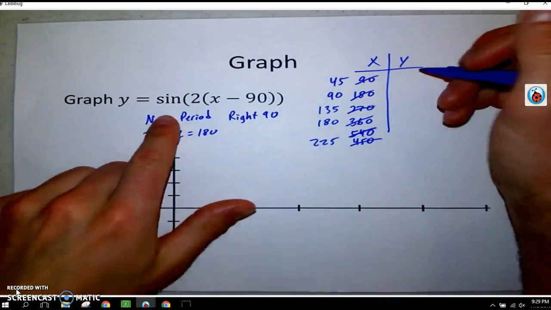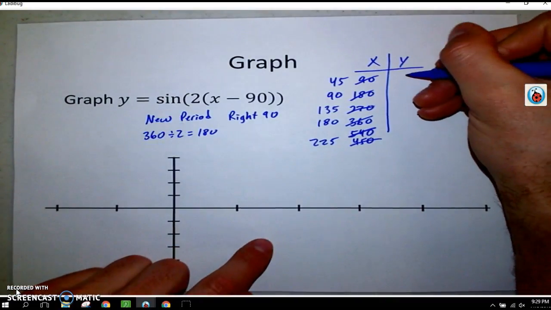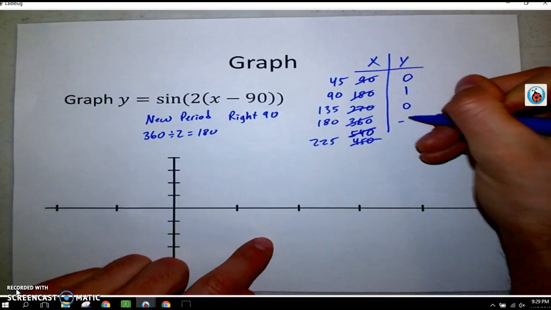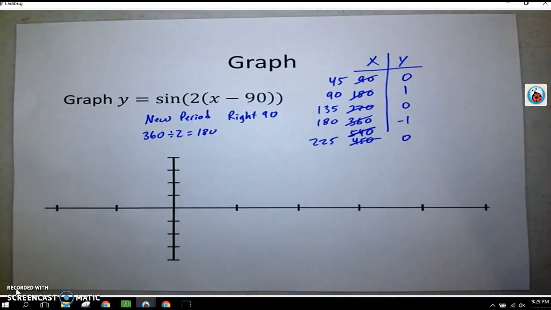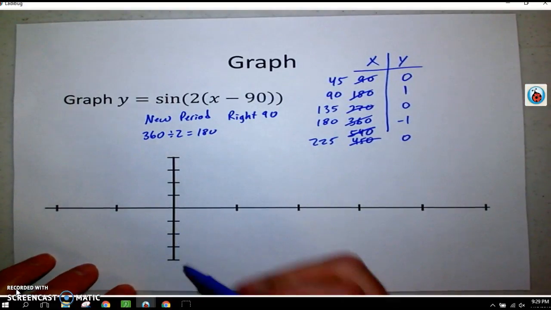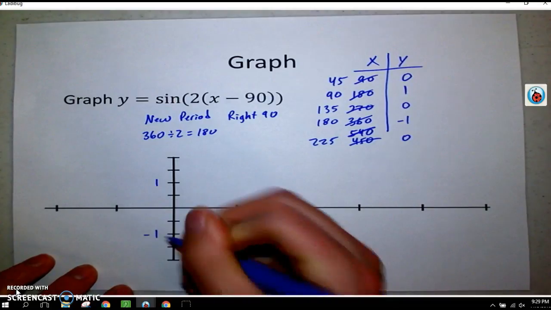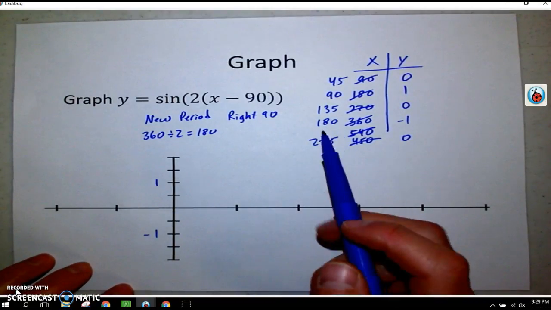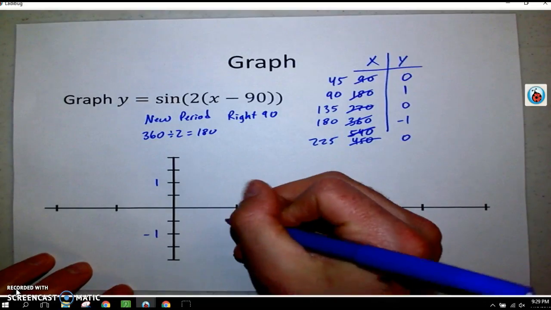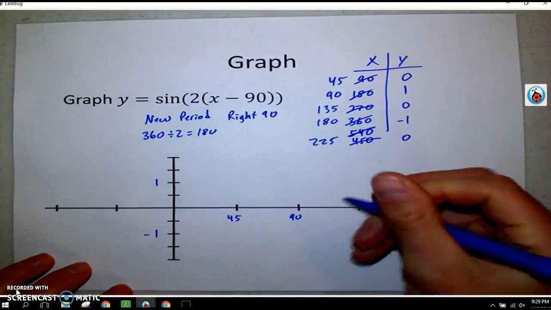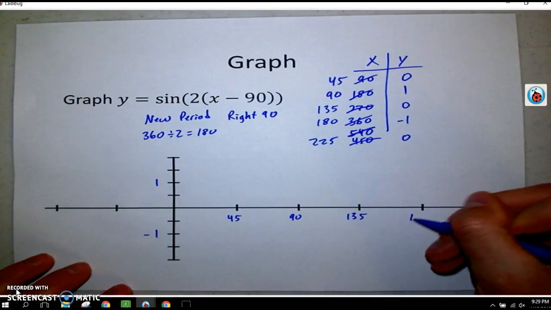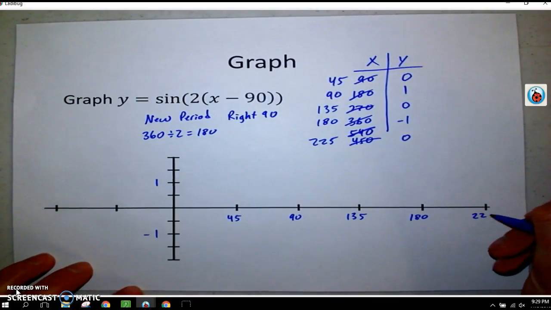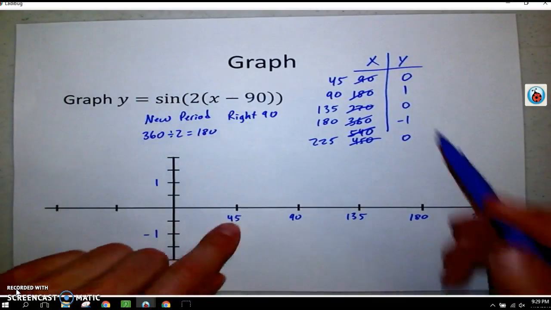And now my sine values, again, are going from 0 up to 1, then back down, and ending at 0. All right. So I'm going to go ahead and label my axes here. So it looks like I just need to range from 1 to -1. So the y-axis will be pretty standard. And then I will go by 45s for my x-axis. So I'll go from 45 up. And it will allow all of these to be plotted here.